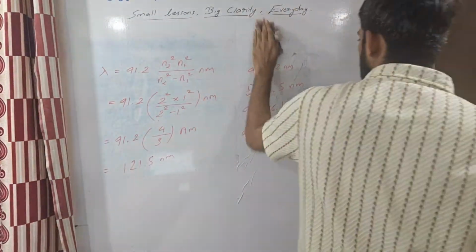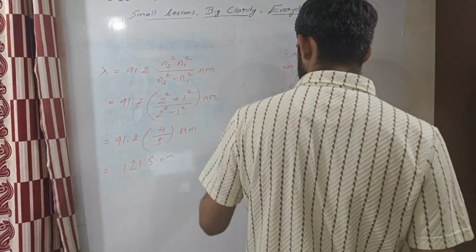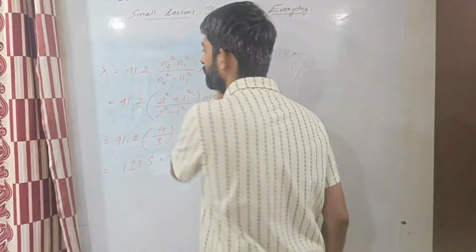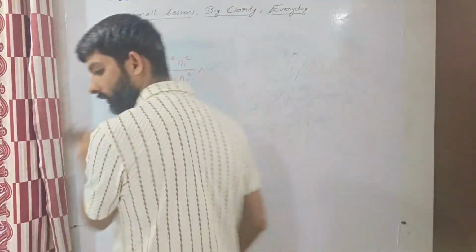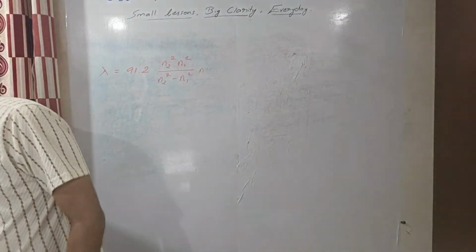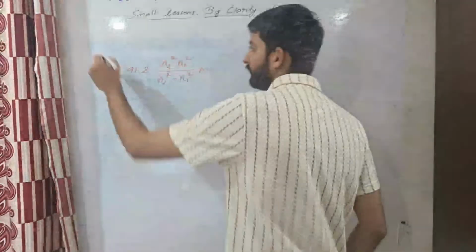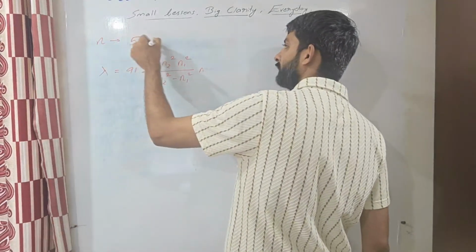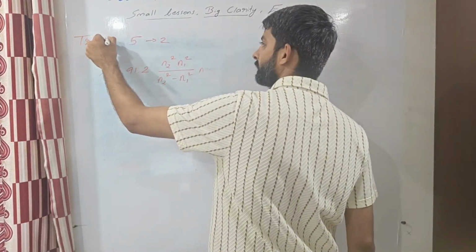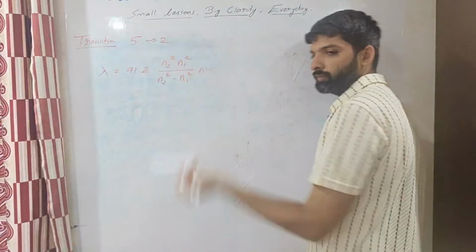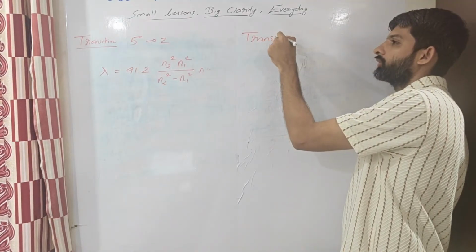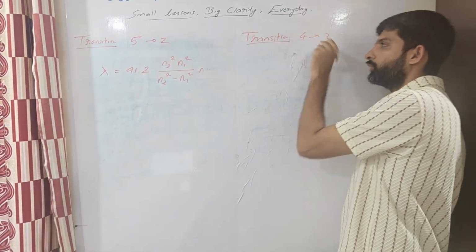Okay, let me give you one more question. I'm keeping the formula so that you can use it. Find the wavelength for transition from n equal to 5 to 2, and one question for transition 4 to 3.